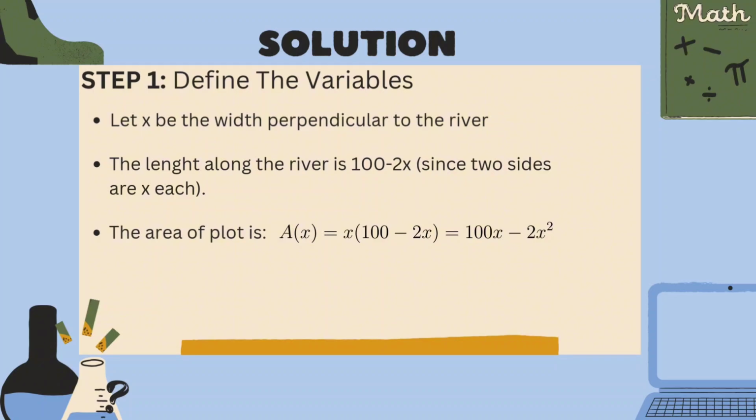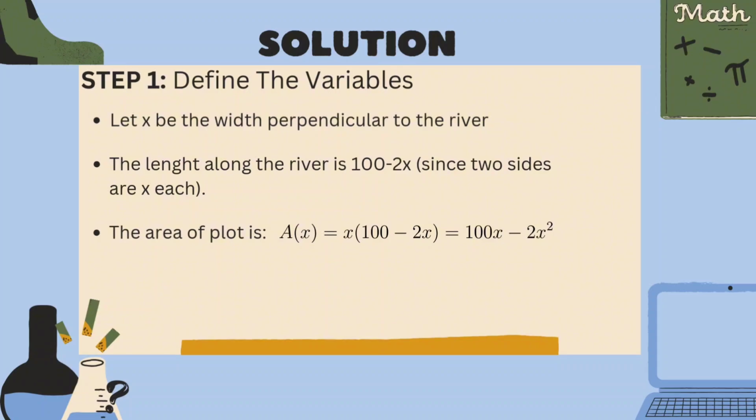For step 1, we need to understand the problem. We need to define the situation in terms of a mathematical function. So, identify the variables involved and any constraints, for example, a specific range of values.